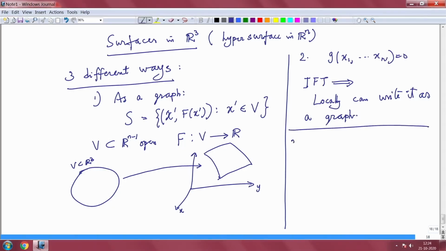As I said, the first one is a global writing, and then the second one is in an implicit form. When it is in an implicit form, depending on the derivative, for one of the derivatives you will be able to solve in terms of the other variables. So, you can write it in one way locally, and this of course creates trouble.